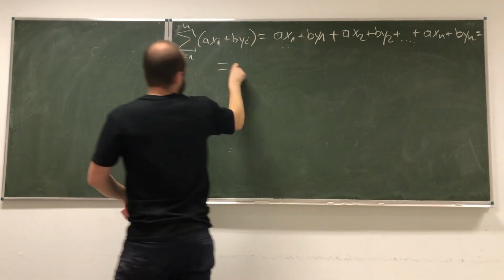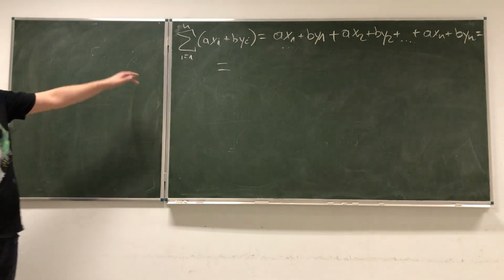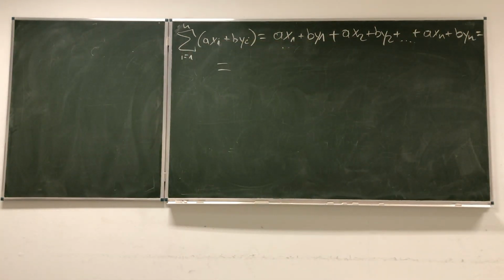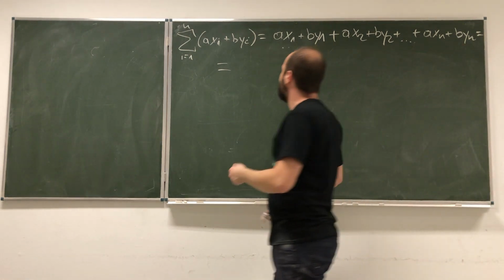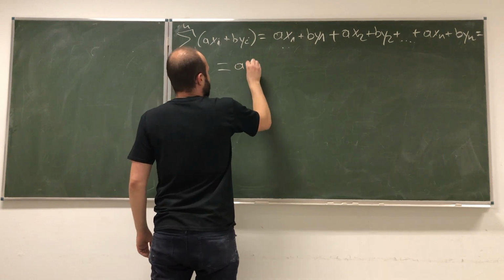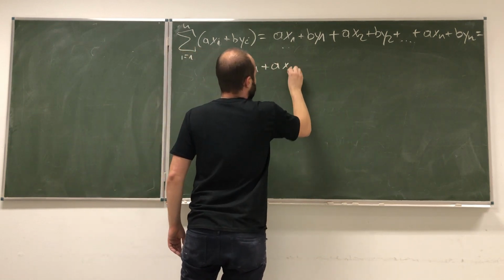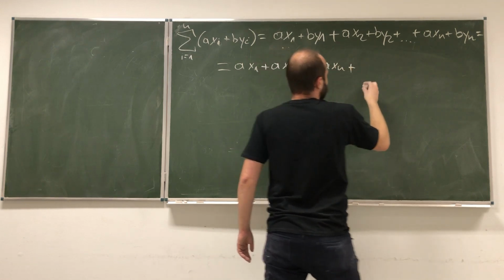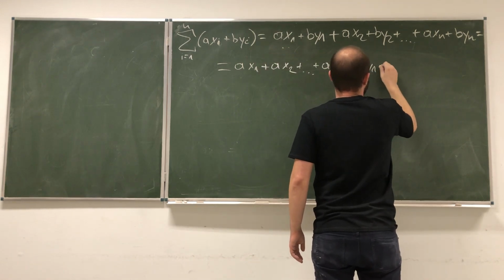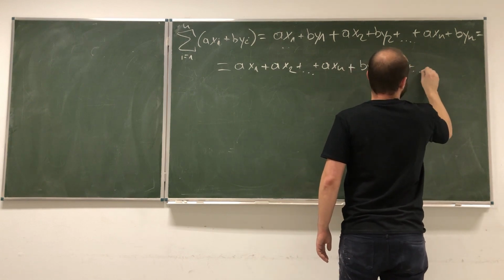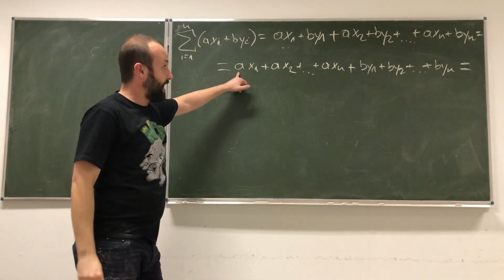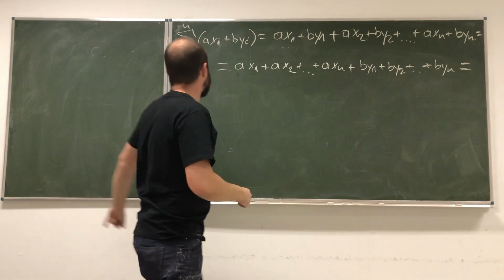Right now, as I already showed you, what we can do is organize those expressions in a different order. Let's put everything with x together, let's put everything with y together. So we've got that this is a x1 plus a x2 plus a xn plus b y1 plus b y2 plus until b yn. We can notice that I can take a out of this, b out of this.